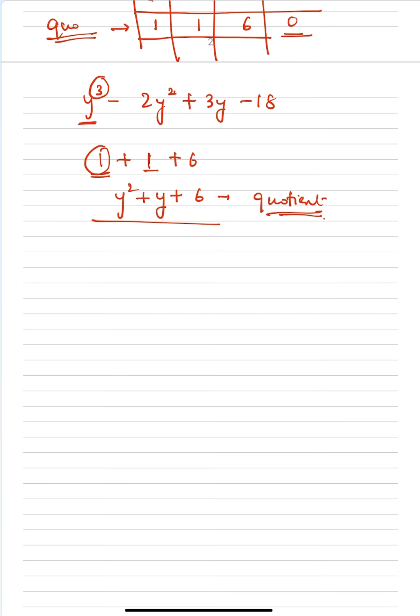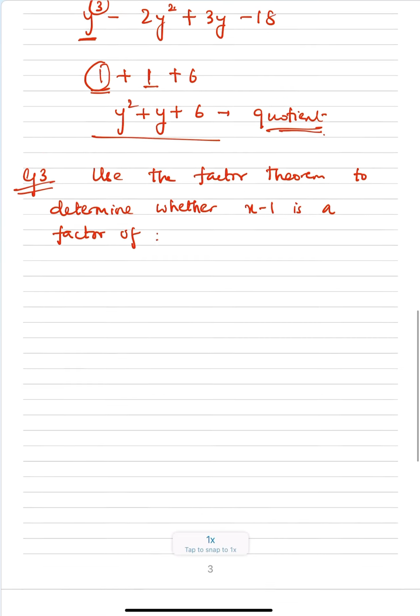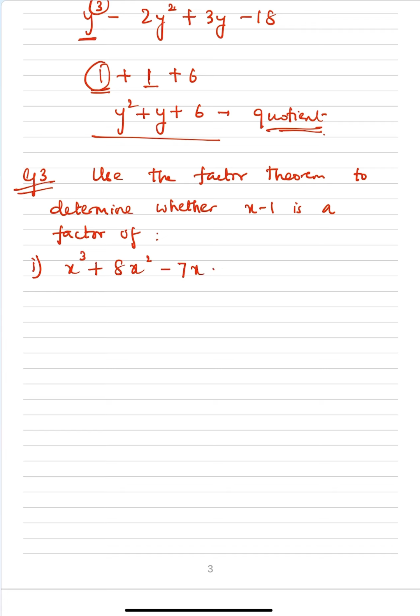Now, one more example. We will see how to use the factor theorem to determine whether x minus 1 is a factor of the polynomial. First, the polynomial given is x cube plus 8x square minus 7x minus 2.